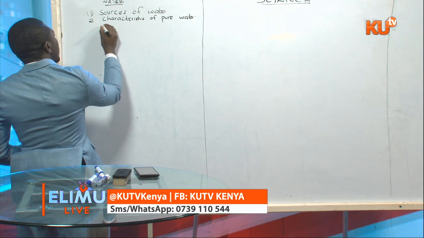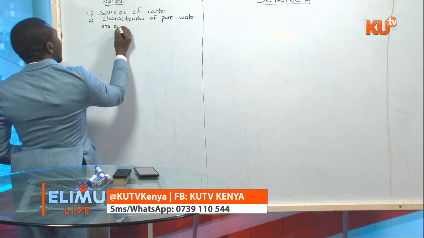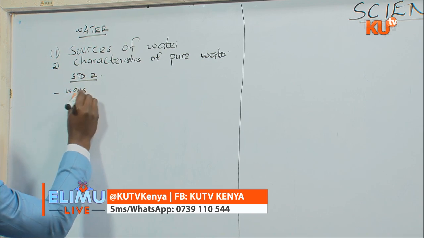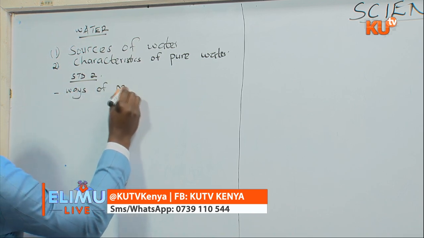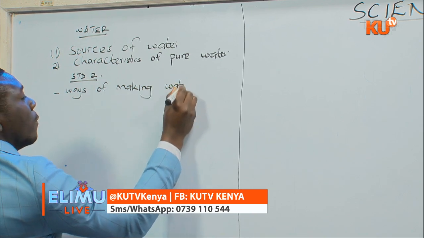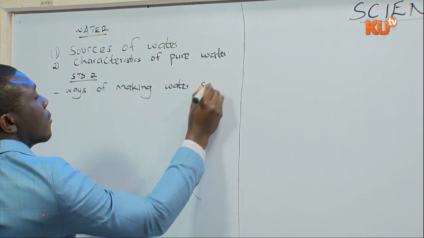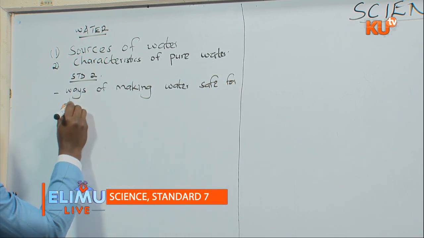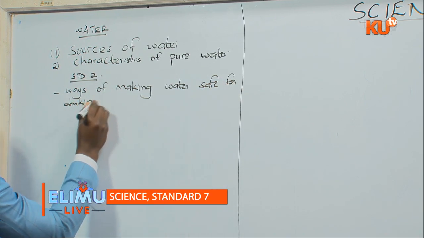In standard 2, under this topic called water, we learned about ways of making water safe for drinking. On this one, we said that we have got 2 ways.